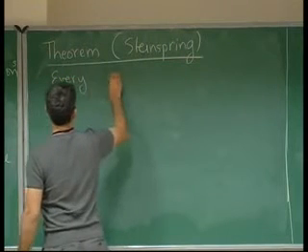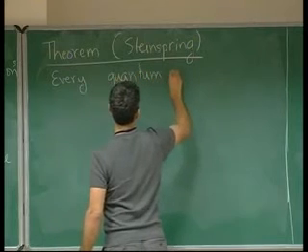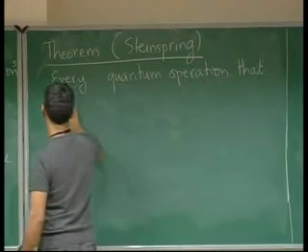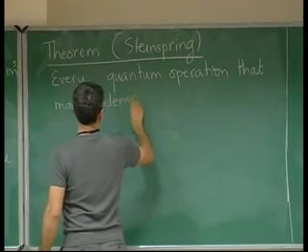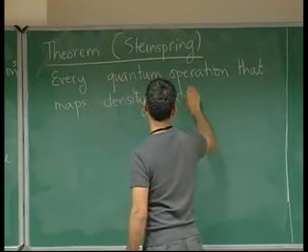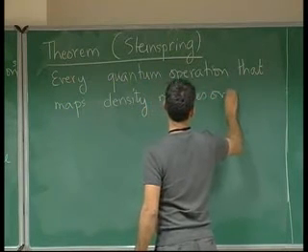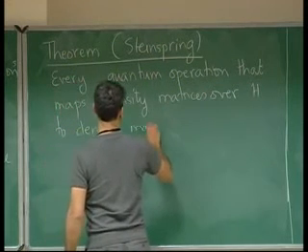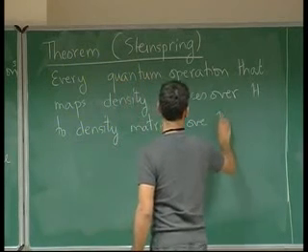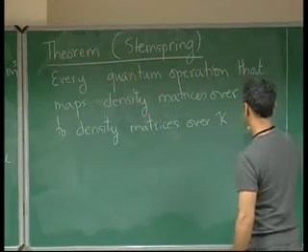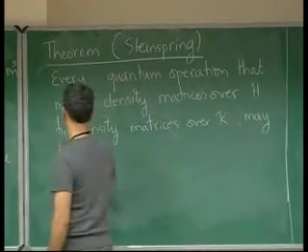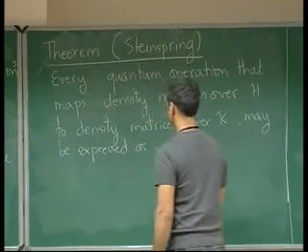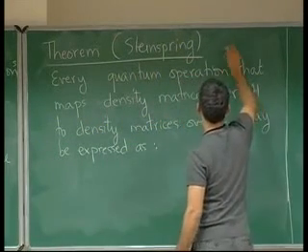Every quantum operation that maps density matrices over H to density matrices over K may be written in the following form. So let's give this a name. Let's call it phi.